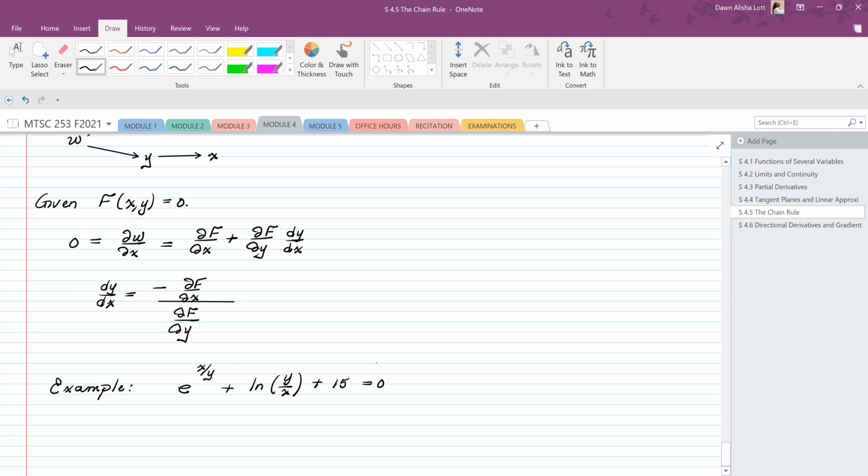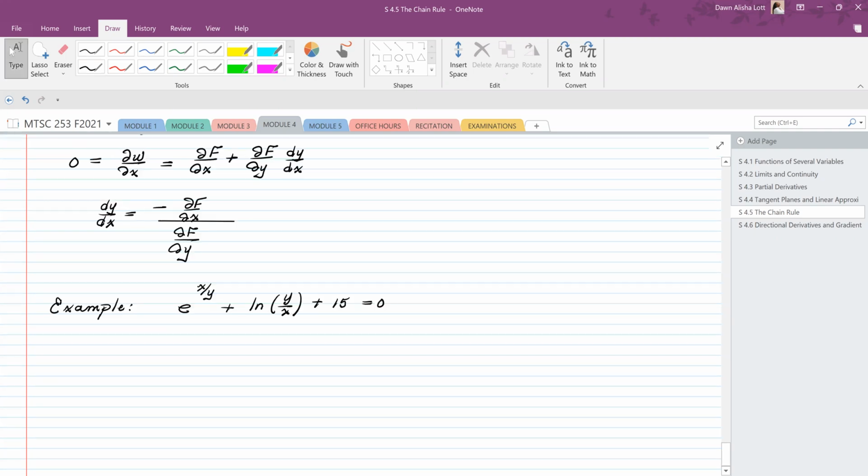So now notice I can't write y as a function of x. So dy dx says take the partial of f with respect to x and then divide by the partial of f with respect to y.